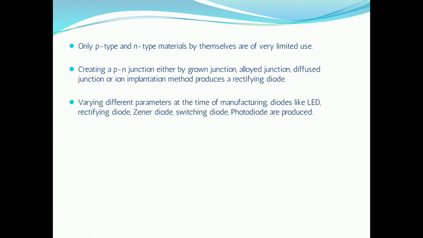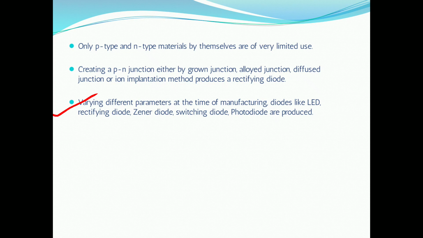And while creating those semiconducting materials, there are several parameters that can be changed at the time of manufacturing. So what are those parameters? We can change the impurity level, we can form the p-n junction by different methods, and we can choose different semiconducting materials.